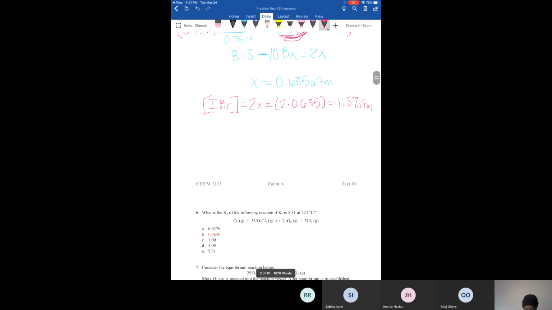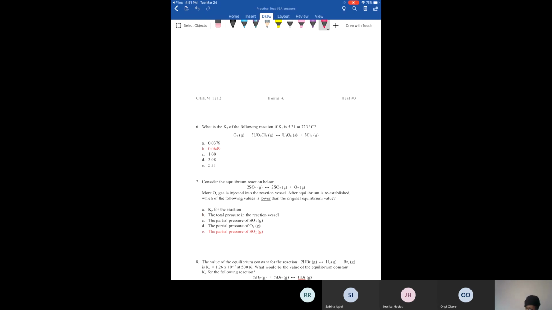So for question 6, what is the Kp of the following reaction if the Kc is 5.31 at 723? Okay. So the Kp Kc formula is Kp equals Kc times RT to the change in moles.